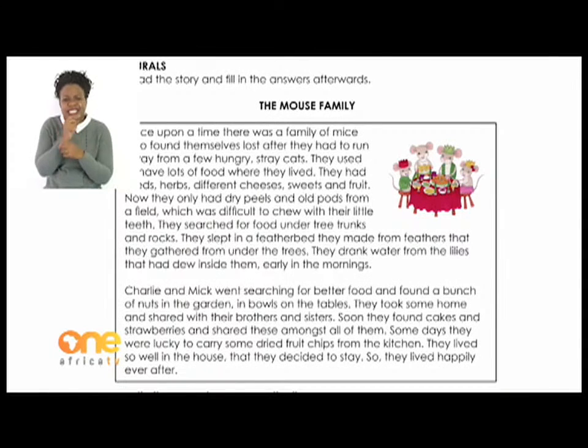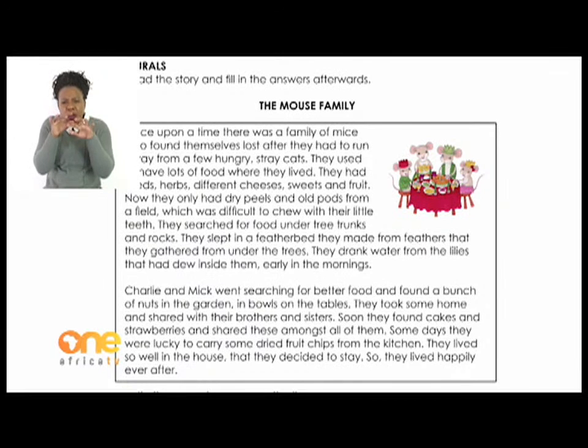They searched for food under the tree trunks and rocks. They slept in a feather bed they made from feathers that they gathered from under the trees. They drank water from the lilies that had dew inside them.